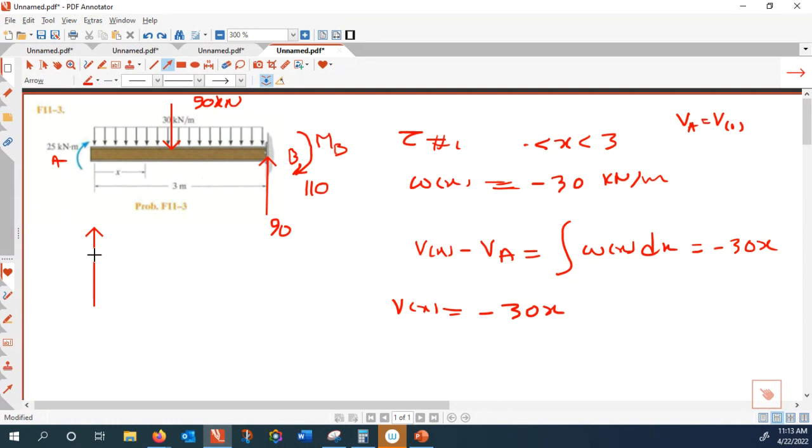So the shear forces start at 0, and then what is V of x at the end? That is V of b. Can we calculate V of b? Simply, all we have to do is plug 3 in as x. So that is minus 90, right? Minus 90.